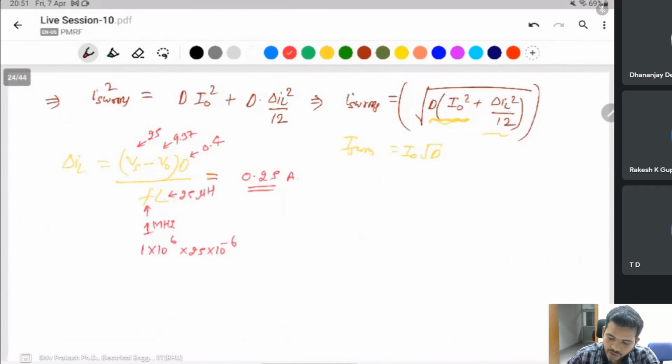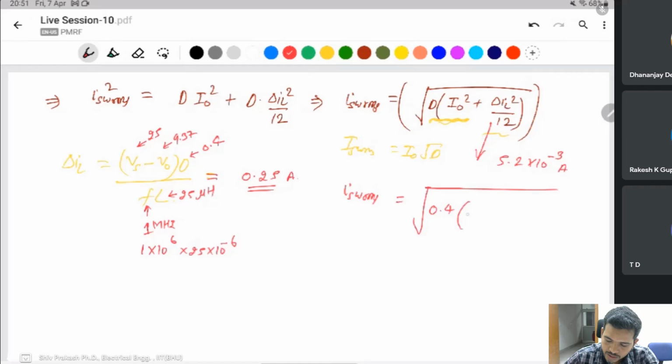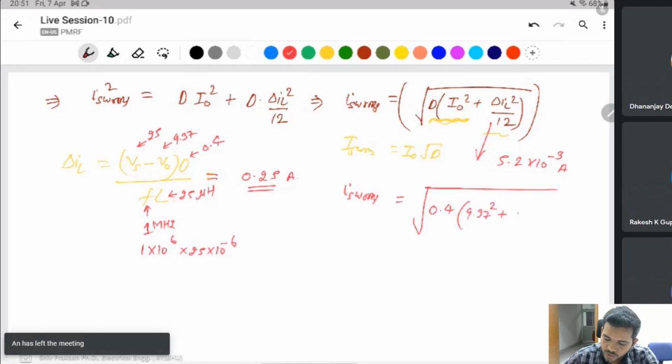Then what will be delta IL square divided by 12? The square of this one divided by 12 gives 5.2 into 10 to the power minus 3 ampere. If you calculate IS RMS, it is root of duty ratio 0.4 into 9.37 square plus this one, 0.0052.